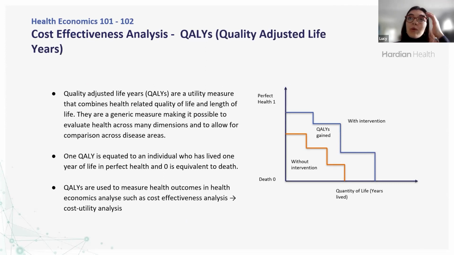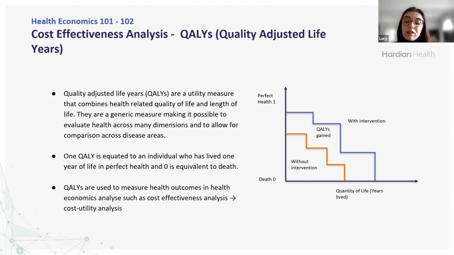And in terms of how we quantify a level of health or clinical outcomes in the cost effectiveness, it can be done with a range of measures, life years, disability adjusted life years, but the key one, and I'm sure you've probably seen it floating around, is quality adjusted life years.